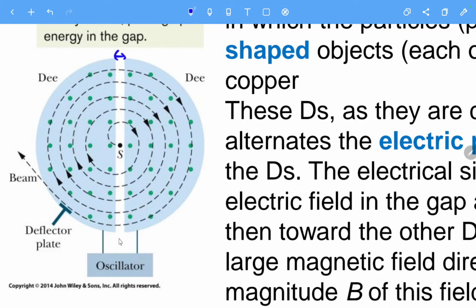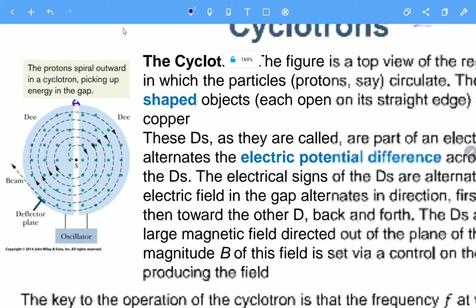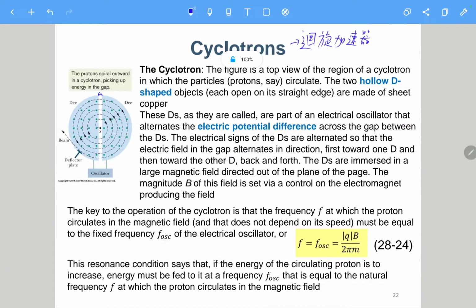But in this gap, we provide a potential difference so that the particle accelerates in the middle. This relates to the radius. Just mentioned, r equals mv over qB, if you still remember.